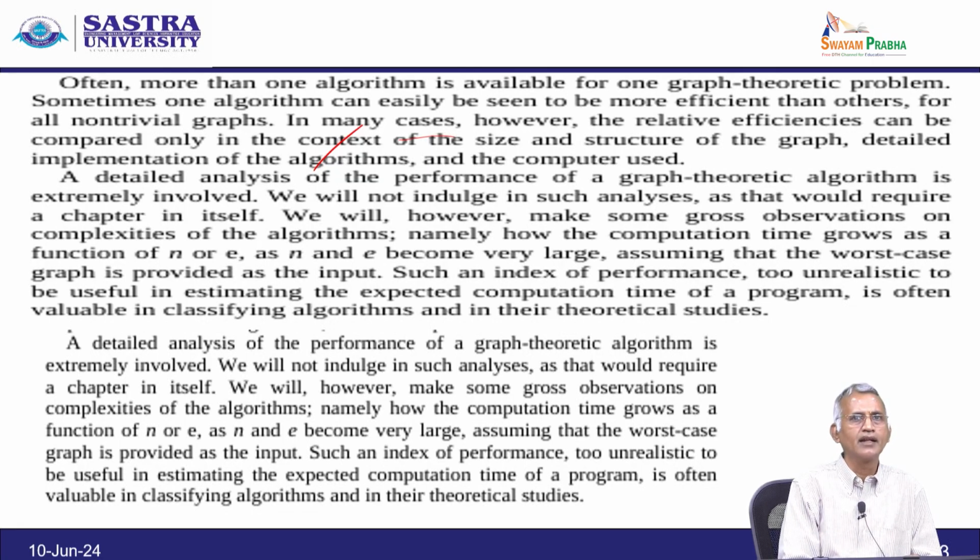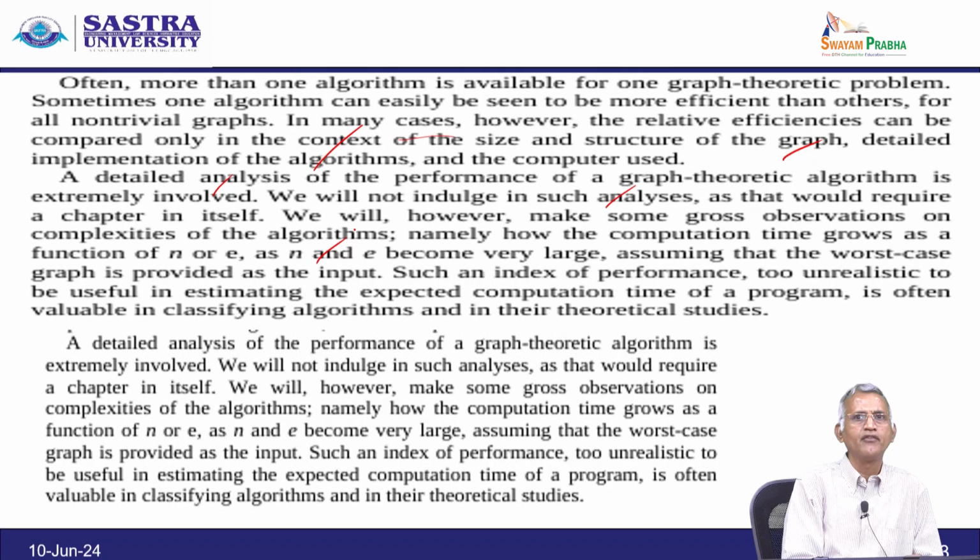The detailed analysis of the performance of a graph theoretic algorithm is extremely involved. We will not indulge in such analysis as that would require a chapter in itself. We will, however, make some gross observations on the complexity of the algorithm, namely how the computation time grows as a function of n or e, as n and e become very large, assuming that the worst case graph is provided as the input.